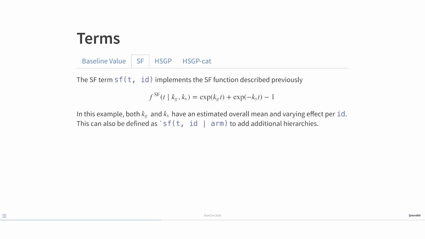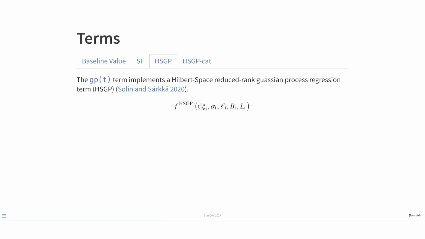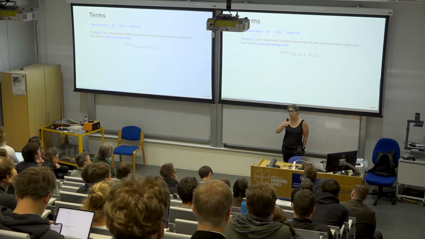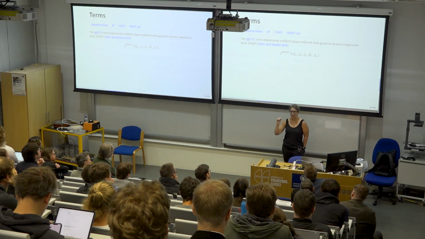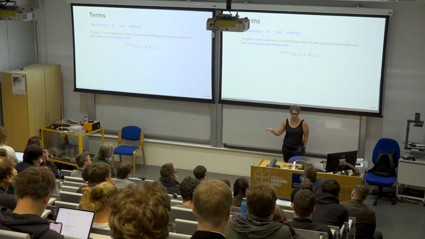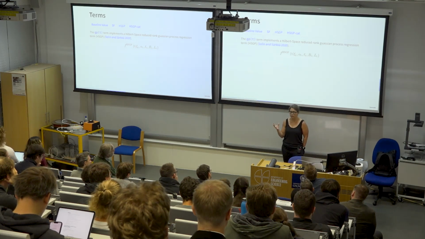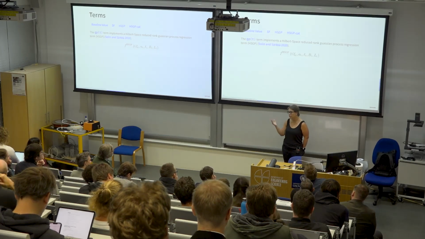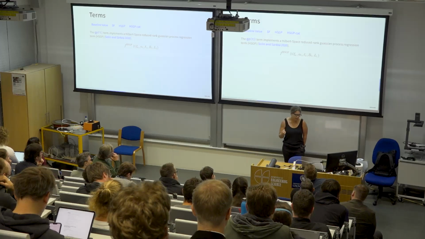might be curious about. And then we have two Gaussian process terms. So the first is going to put a Gaussian process on the noise. So if you did an SF plus the GP model, then you're modeling the mean function as your SF, and the noise function is this GP. And this uses the Hilbert space approximation to the GP, just because we often do have hundreds of patients.